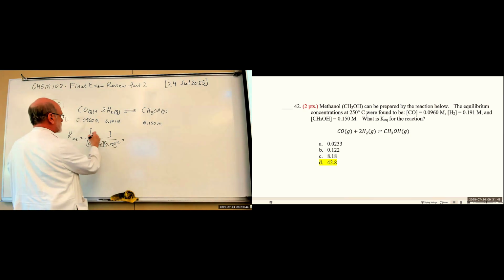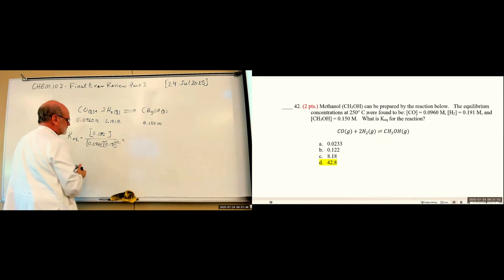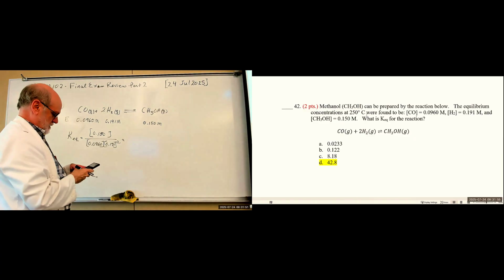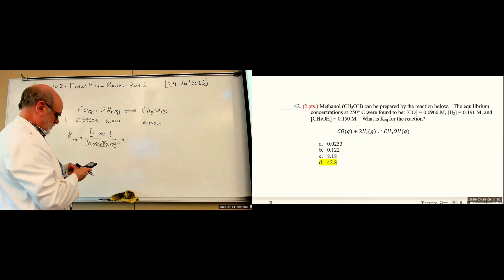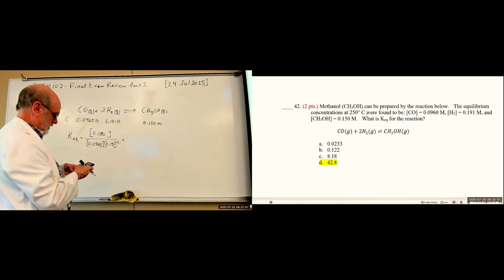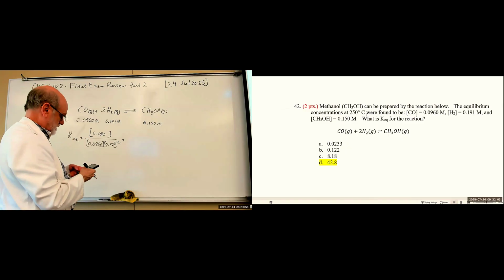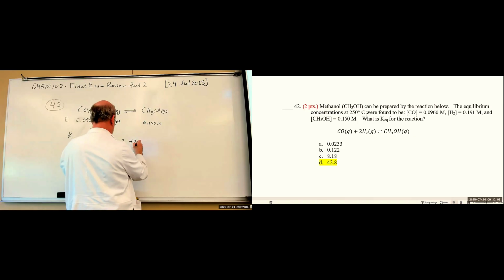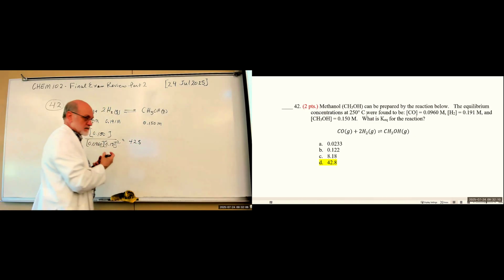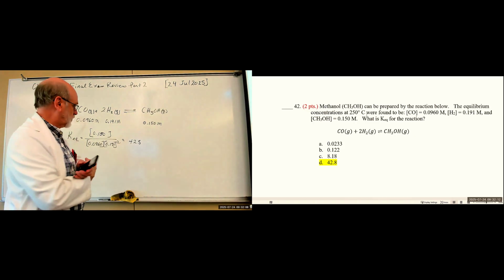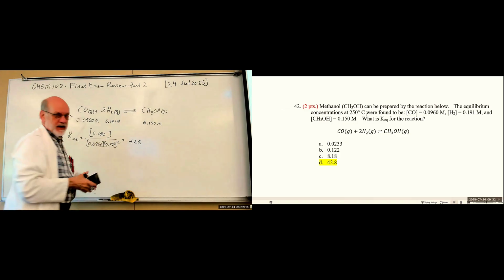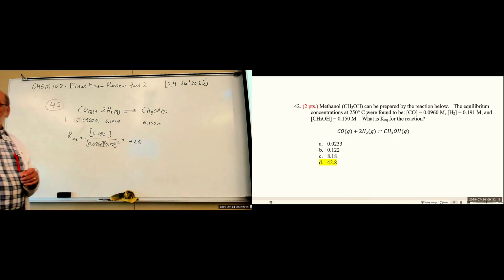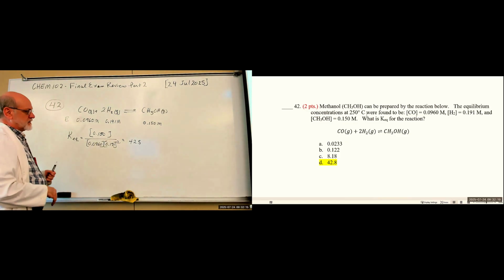Kind of mixing apples and oranges. So this would be 0.150 divided by 0.0960 and 0.191, square it first, then divide. And that gives me 42.8. Right? 42.8 is the K for that reaction at that temperature, 250 degrees Celsius.